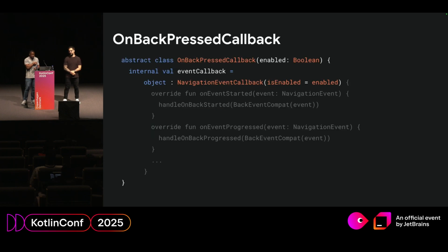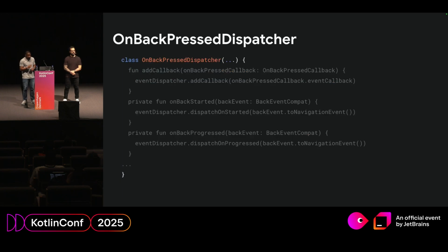So the on-back press callback is just a navigation event callback, and then it does all the same things. And then the on-back press dispatcher has an internal navigation event dispatcher that delegates things in the same way. You add a callback, and we get the event dispatcher from the callback, and then we add that to our navigation event dispatcher, and then all the functions just go to the navigation event dispatcher.